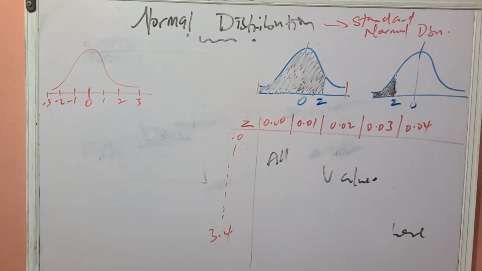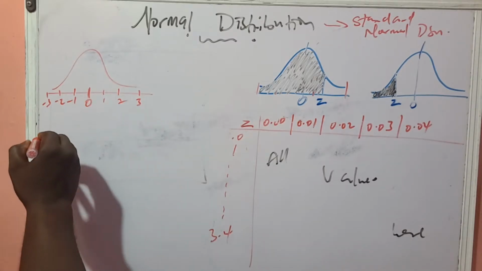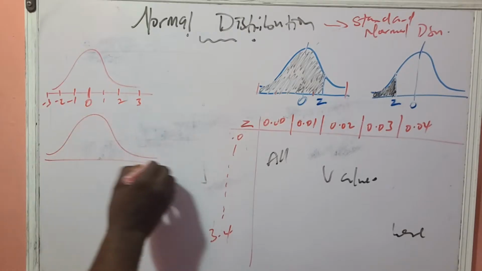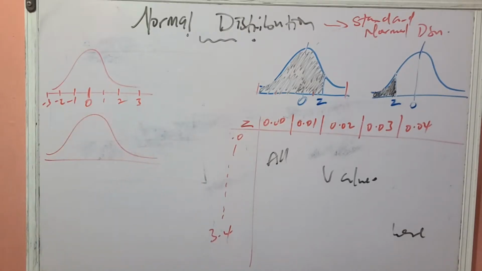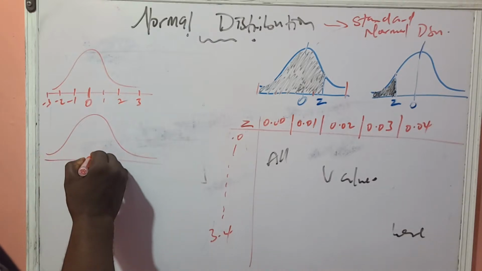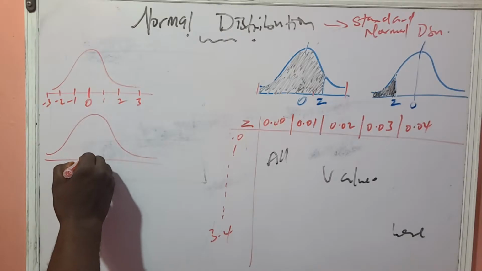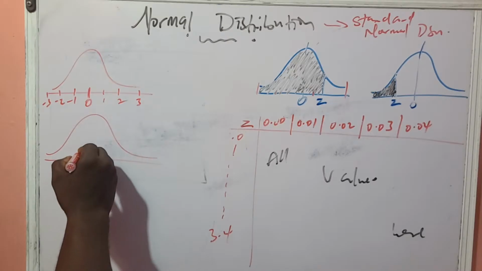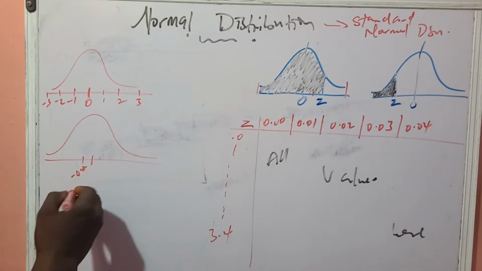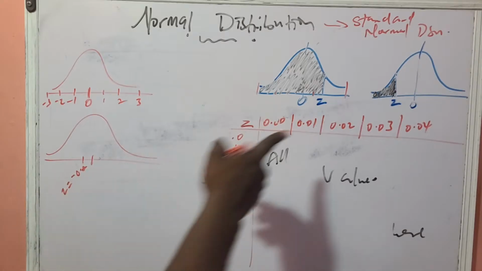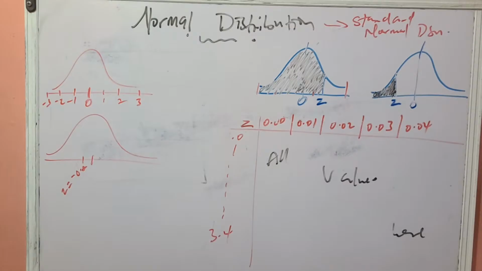Now, obviously, you can see clearly that if I have a question and the question is less than 0, let's say we're dealing with -0.2.